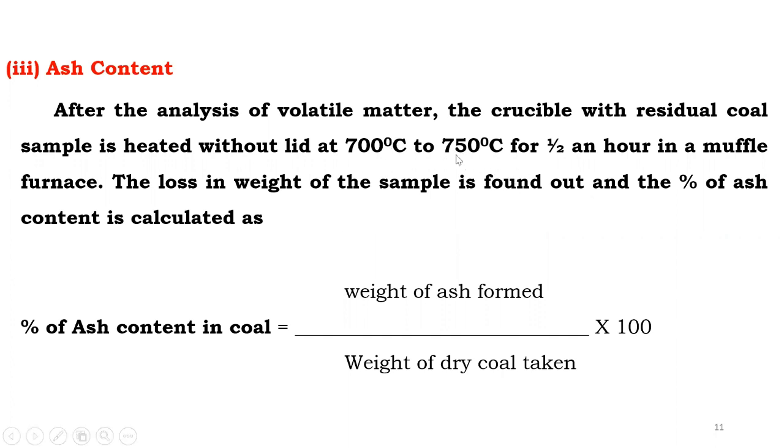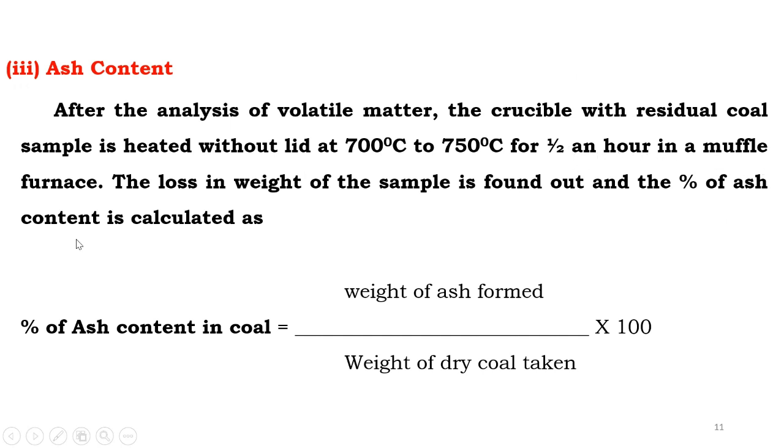If hydrogen is present, carbon is present, all the carbon present in the coal sample will be combusted. Only uncombustible material will remain in the sample. That's why we keep it for half an hour and any gases can easily escape.